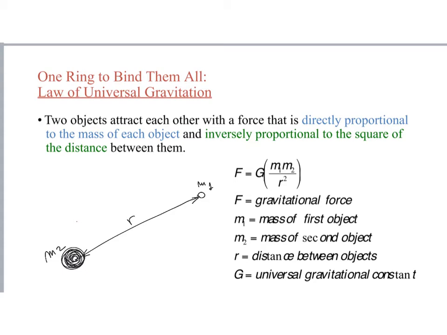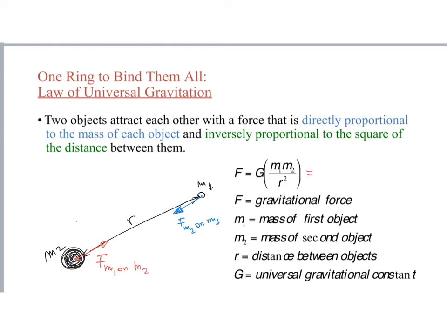And it turns out that on mass 1 there is a force of attraction exerted by m2, so m2 on m1, and then there is this force that acts on m2 exerted by m1, so m1 on m2.